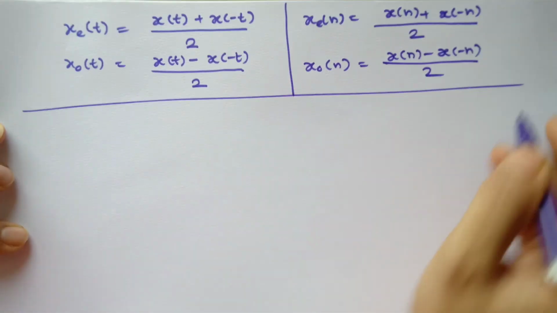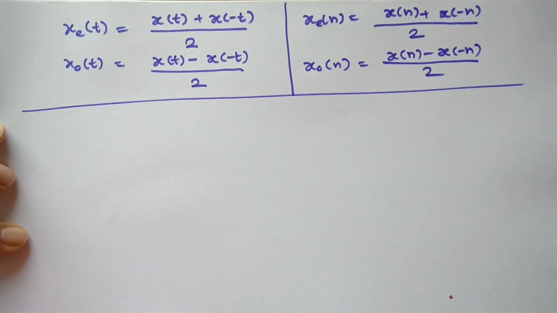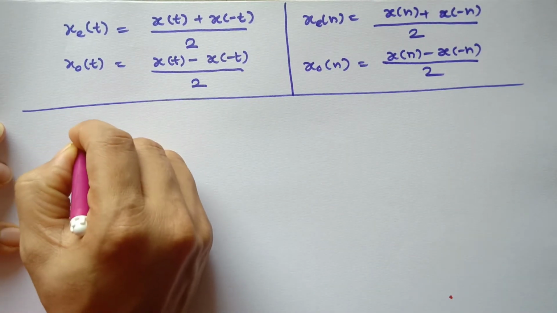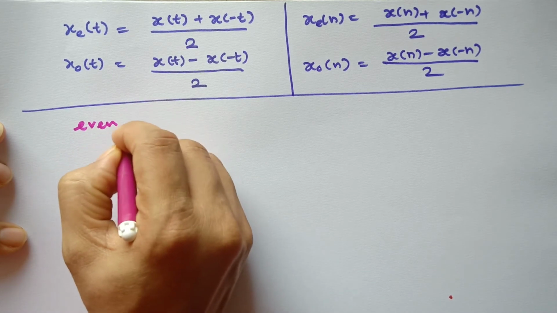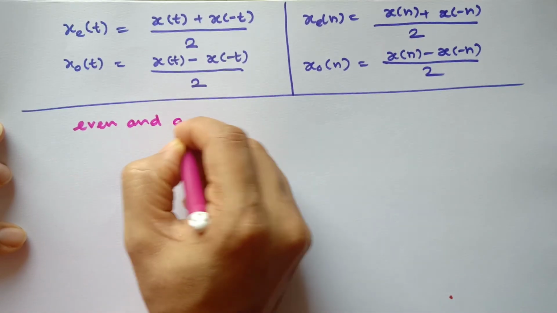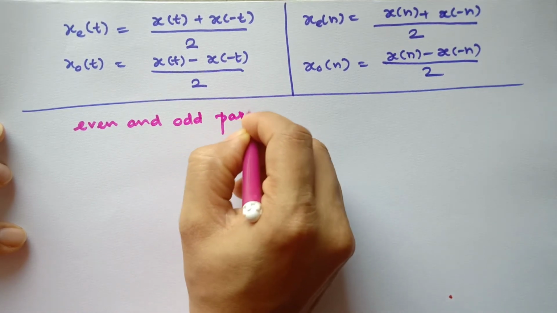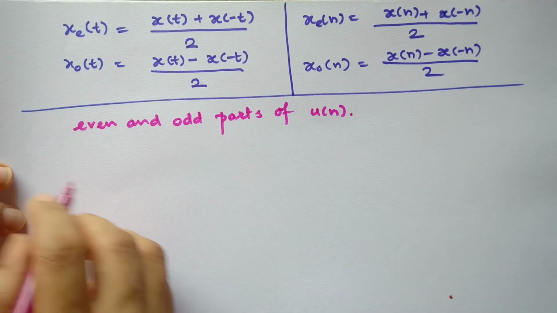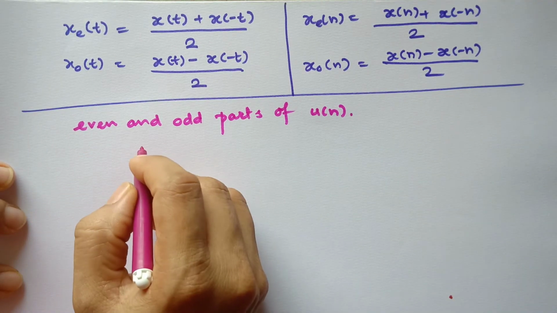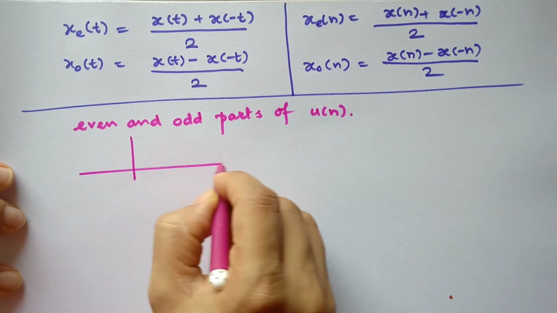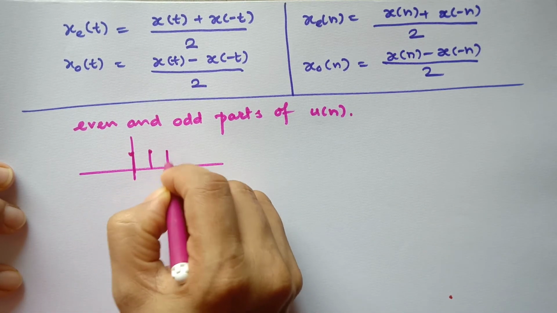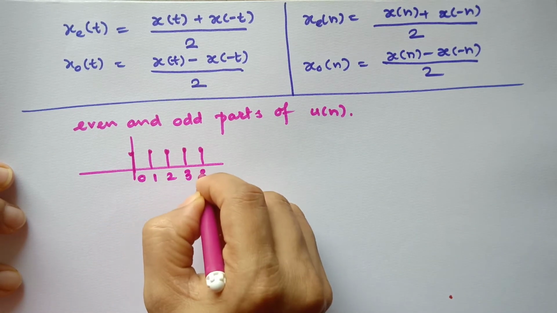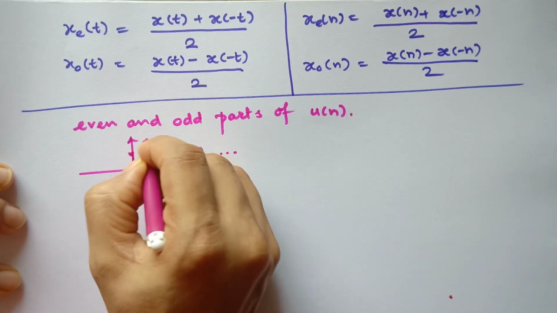Okay, so now we'll take one example. We'll take a unit step sequence and find the even and odd parts of u of n. So you know the u of n signal. It is a sequence of ones starting from 0 and so on.